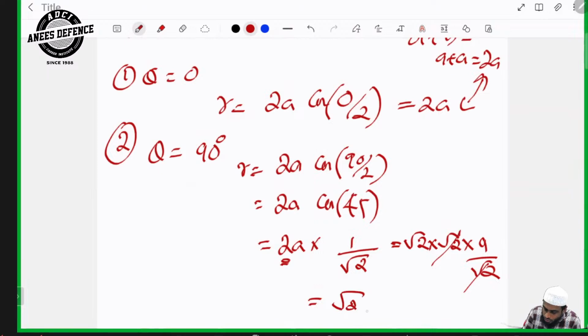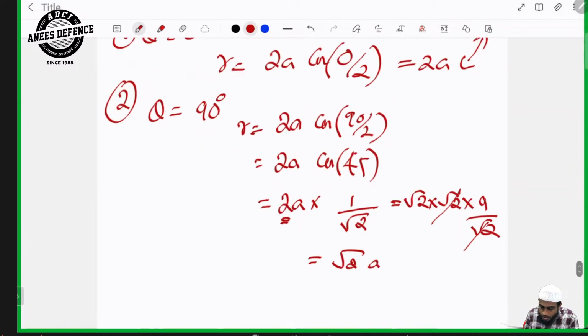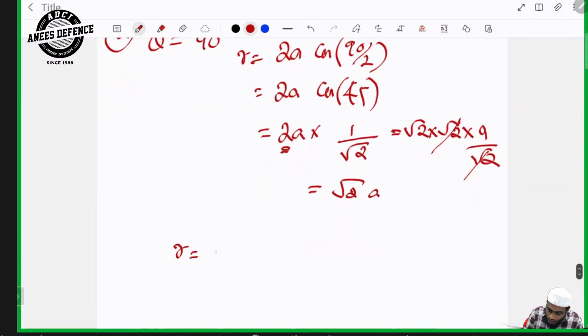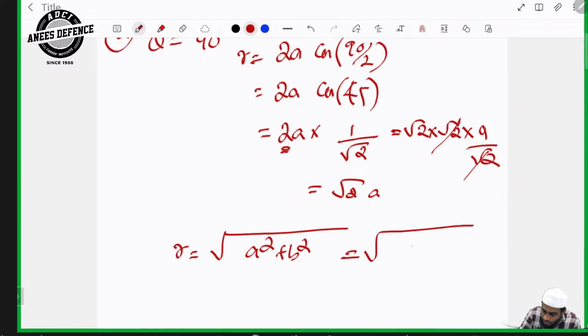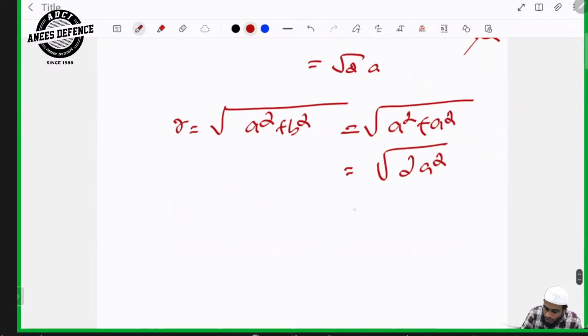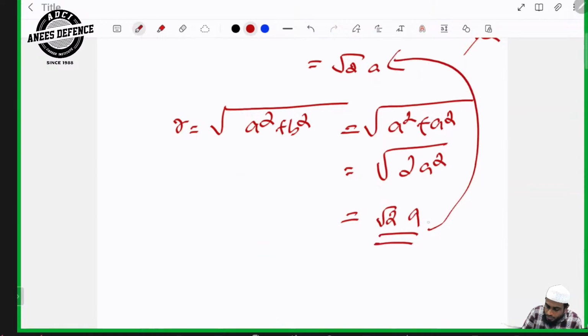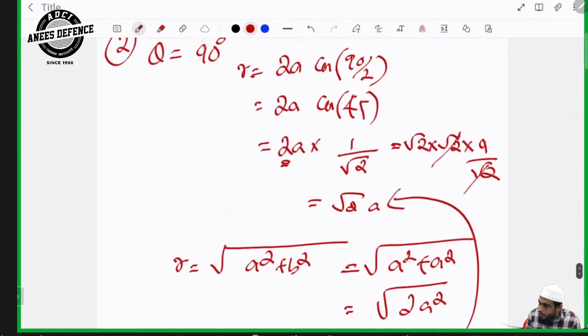You will get the answer root 2 A. Understood? In the previous case, I told you R equal to root of A square plus B square if theta is equal to 90 degree. If A square is equal to B square, this can be written as root of A square plus A square, that is root of 2A square. A square can be taken out, so this can be written as root 2 A. Both are the same.